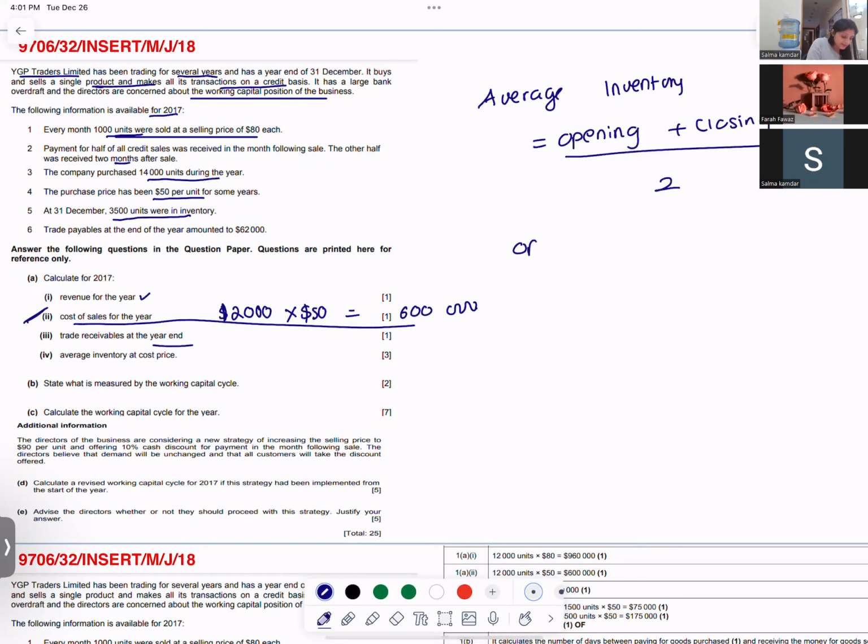What is my opening inventory? Closing has been given to me directly. It is 3,500 units into $50 at cost. So it is 175,000. How about the opening inventory?